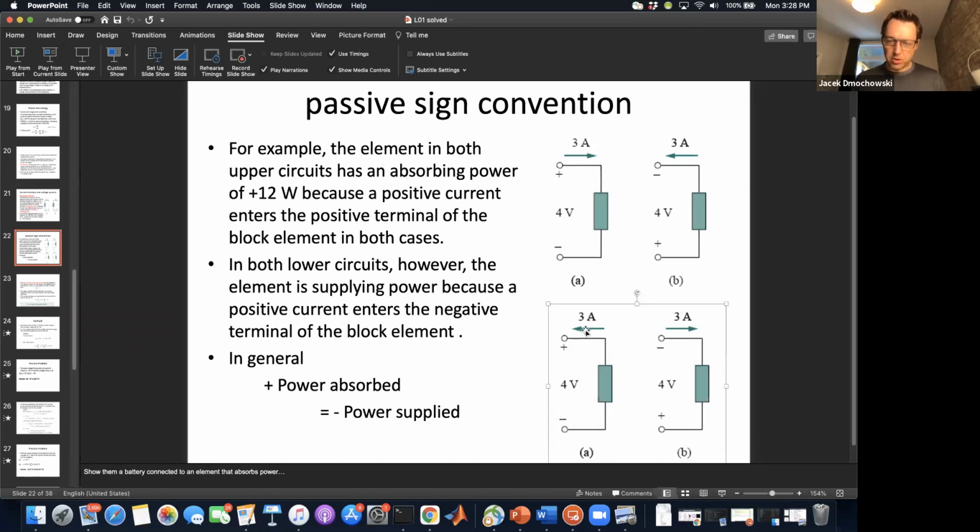And so we say that when we multiply a current of 3 and a voltage of -4, we get a negative number. In other words, this element is supplying power. And the same thing here, because a positive current is entering the negative end of the battery, of the circuit element.